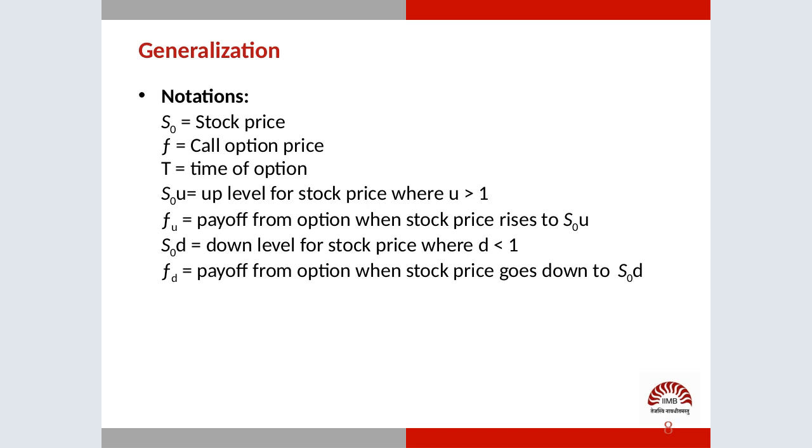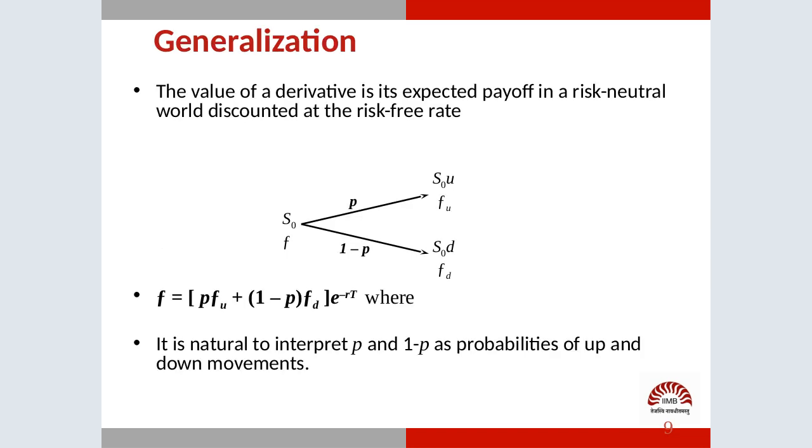From S0, I can move up to an up level, which I'm calling S0U, or I can move down to S0D. FU and FD are the payoffs from the option when it has gone to S0U or S0D, and F is the option price today. So if I plotted this, this is how it will look.